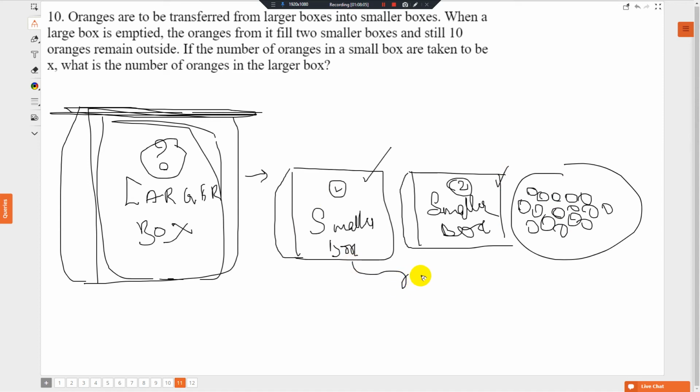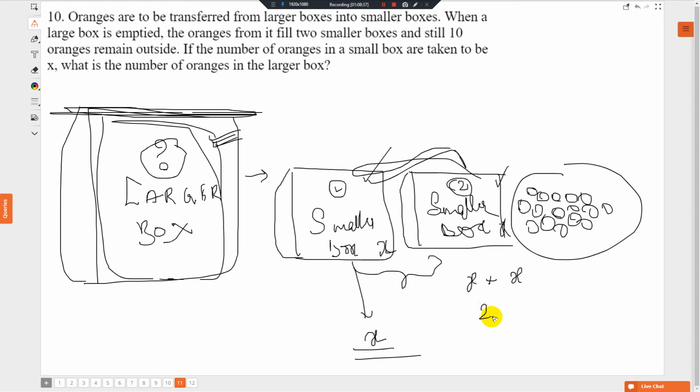If the oranges inside a small box are X, what will be the oranges in the larger box? We'll just add. There are 2 smaller boxes, right? Each has X, so if we add X and X, we'll have 2X.